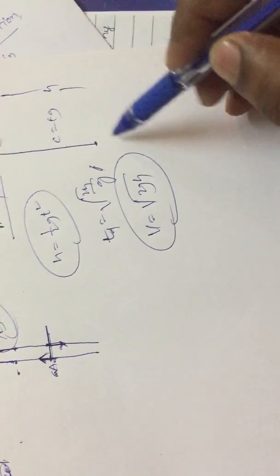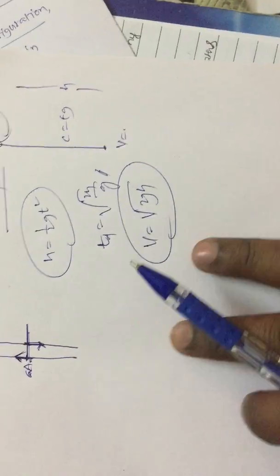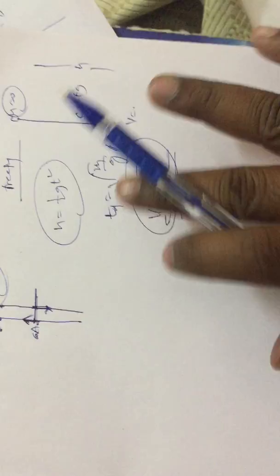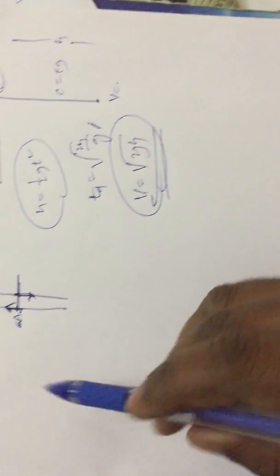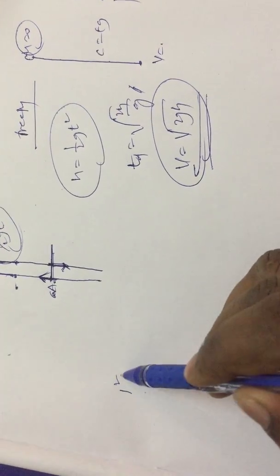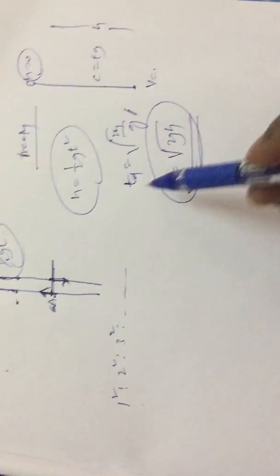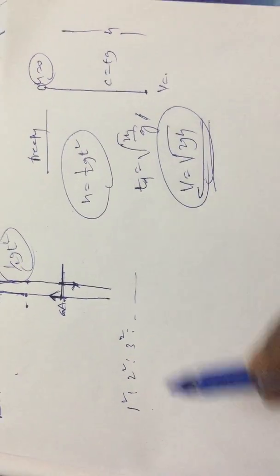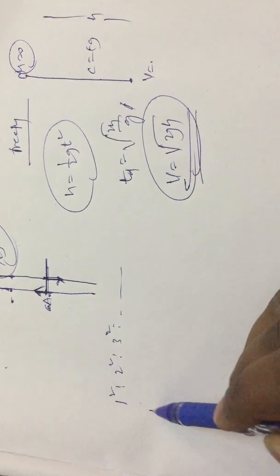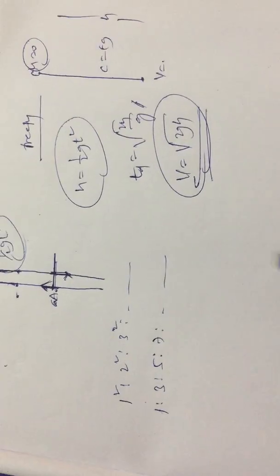Total displacement is h, so v square minus u square equals 2gh, v equals root 2gh we can write. This is about a freely falling body. For a freely falling body, the ratio of the heights covered by the body in 1 second, 2 seconds is 1 square is to 2 square is to 3 square and so on. The ratio of the heights covered in the first second, second second is 1 is to 3 is to 5 is to 7 and so on.